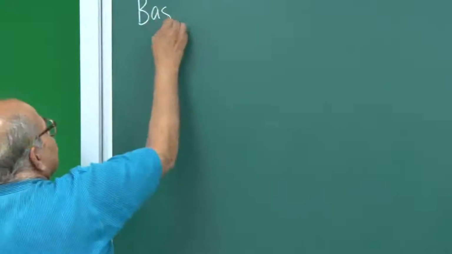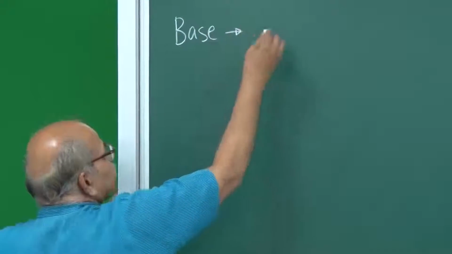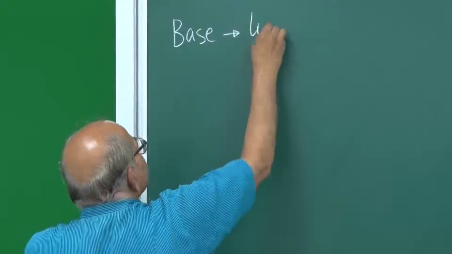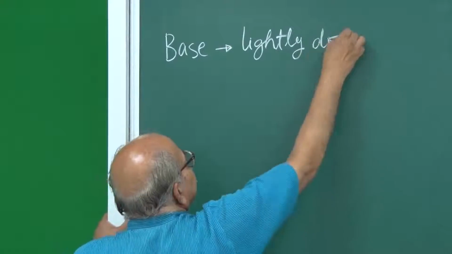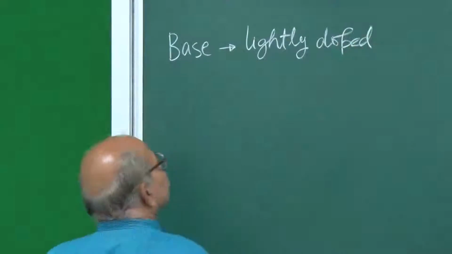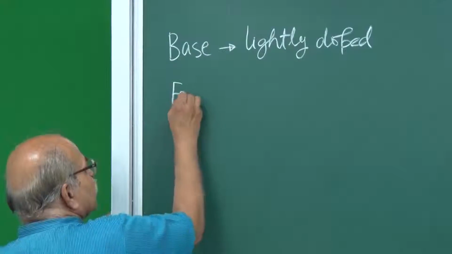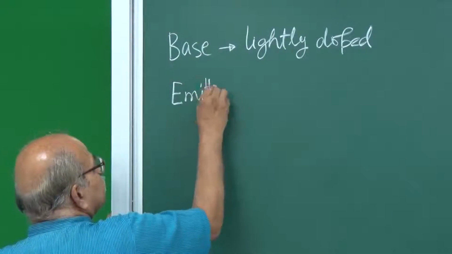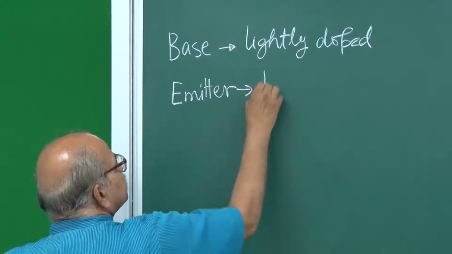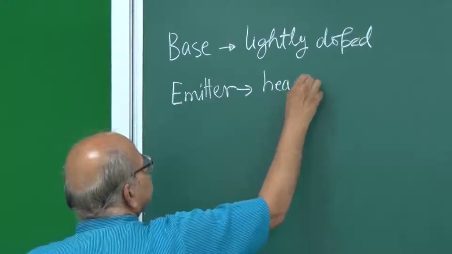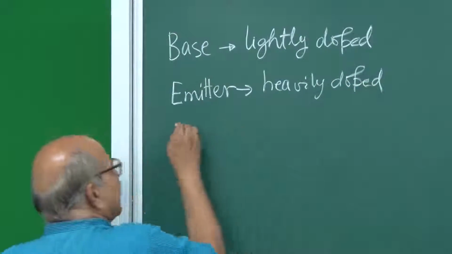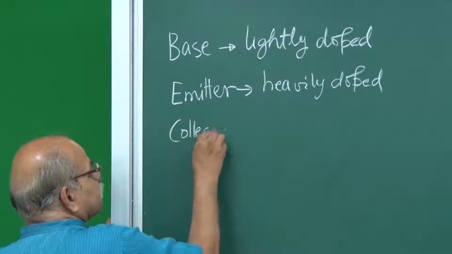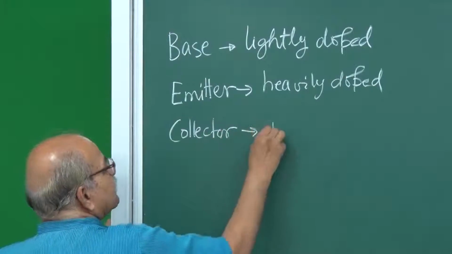The base is very lightly doped, the emitter is heavily doped, and the collector is moderately doped.